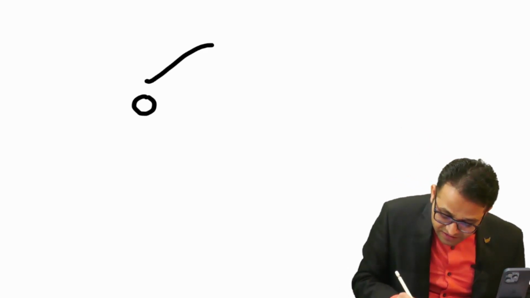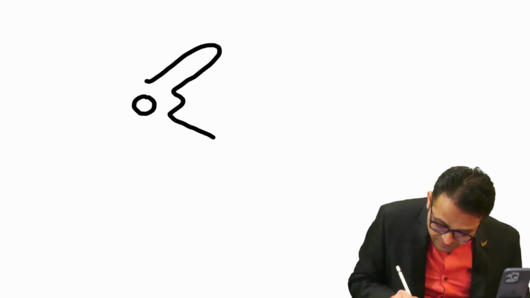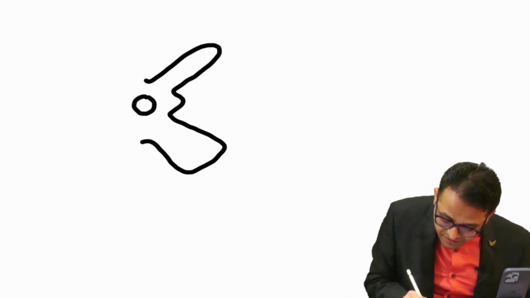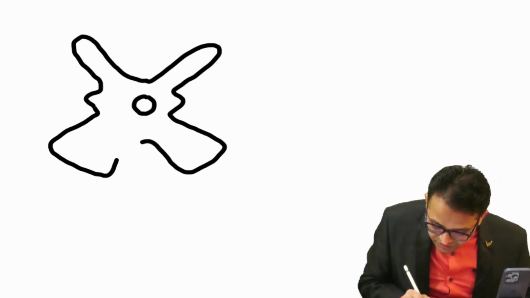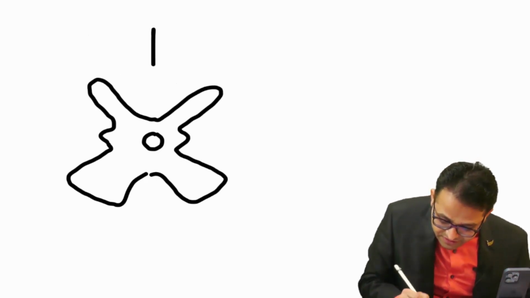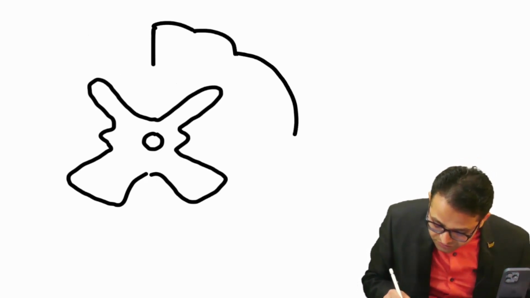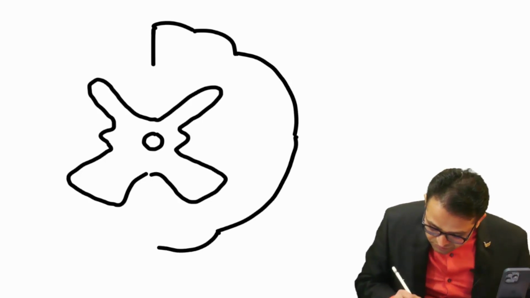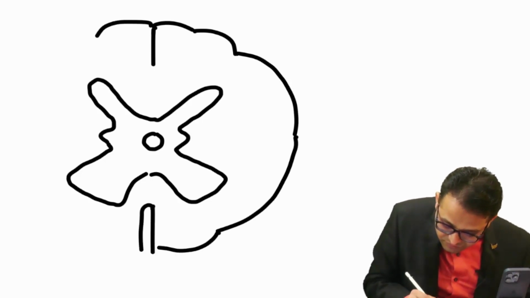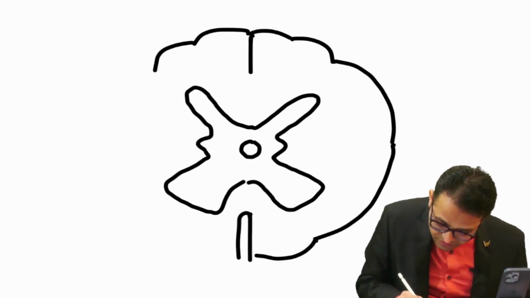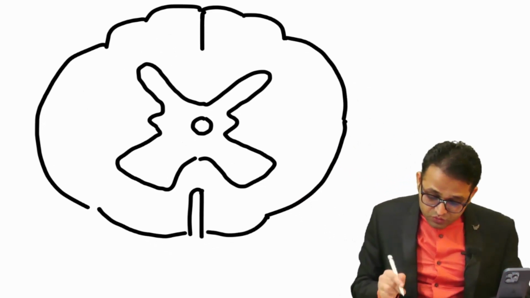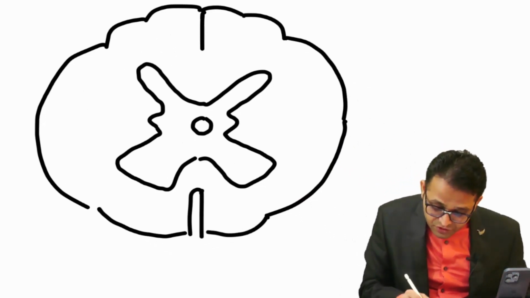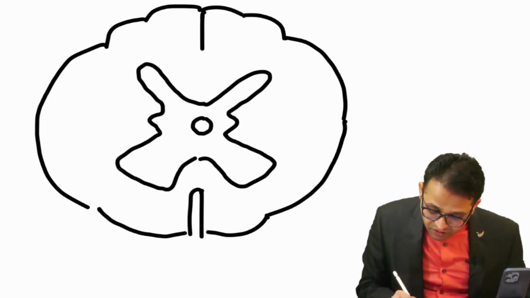Sir, we had seen there is the central canal. Around this central canal there was the gray matter, and it was having the lateral horn. This is the white matter portion. You told that the gray matter is around the central canal, so this is the gray matter area.